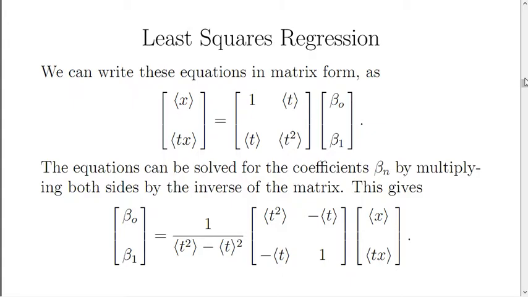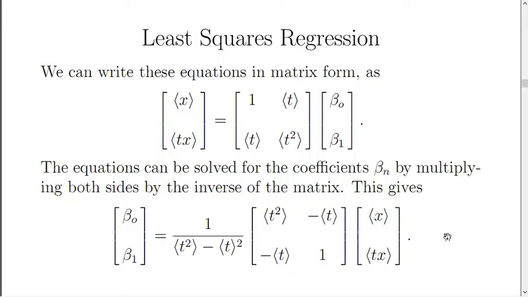Well, now we've got the equations and we can write them in matrix form. The top line of this matrix equation is really just the first equation. The bottom line is really just the second equation. This matrix equation can be solved for the coefficients by multiplying both sides of it by the inverse of the matrix, and that gives us this.